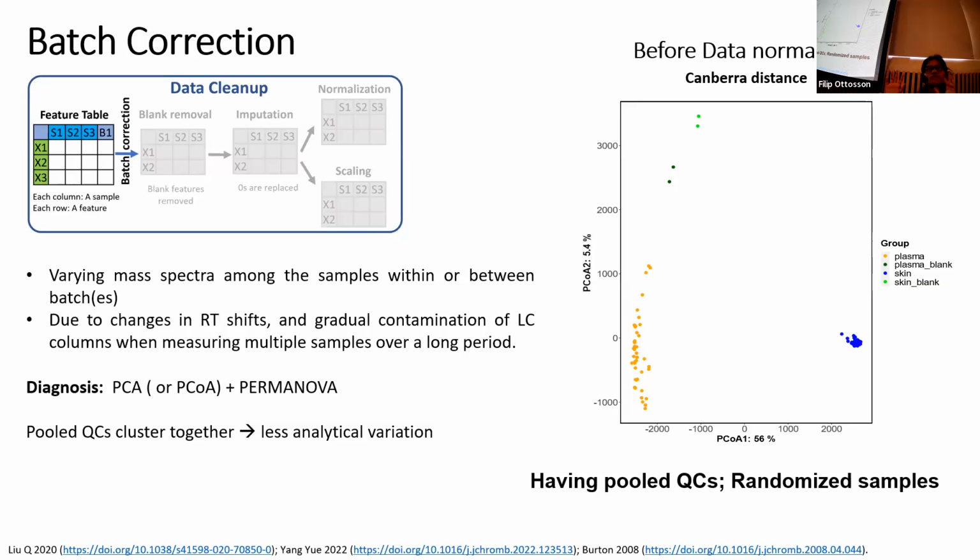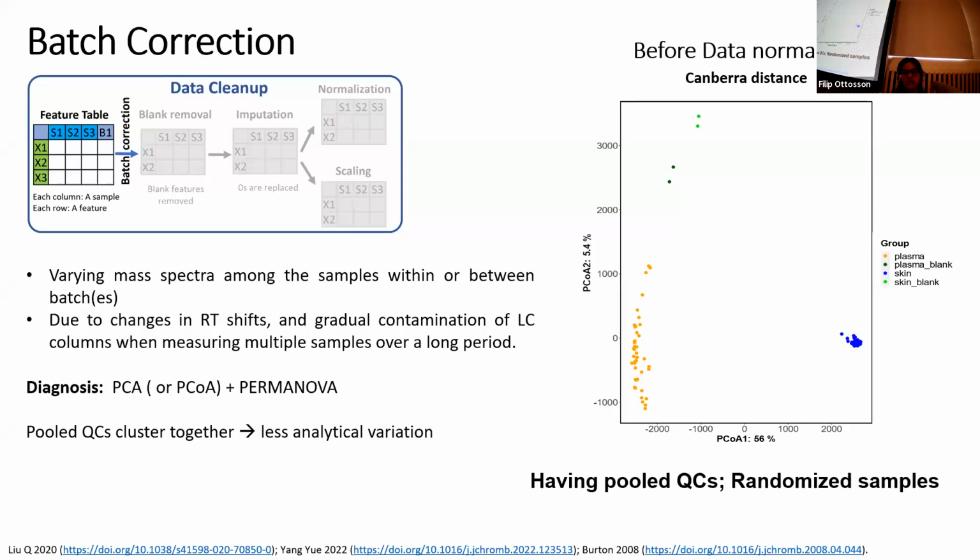But you have a basic idea: when all these points cluster together, they have little variation, and when they are spread apart, they have higher analytical variation. And if you have your pooled QC samples and they are clustered together, then that means you have lesser batch effects.